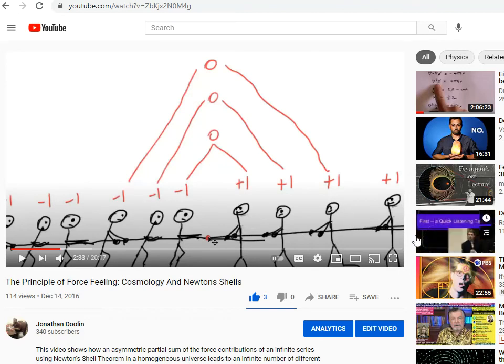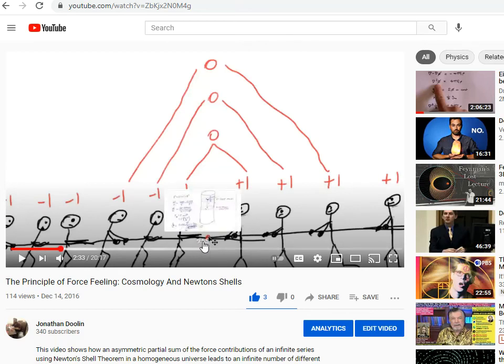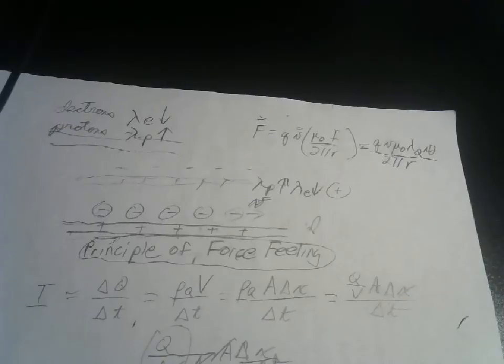Well, I did not agree with that sentiment. I said that you should start and look at the terms that are nearest and most dominant first. To calculate the force on something, you should try to look at the universe through its perspective. Now, that is what I'm going to apply here to this situation.